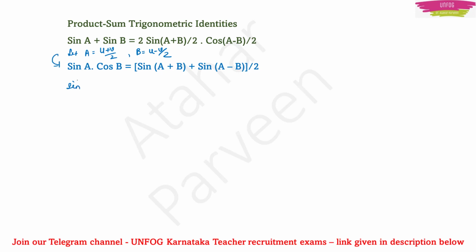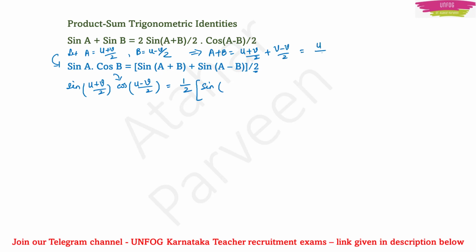So what will be your substitution? In place of A you write (U plus V) by 2, and in place of B you write (U minus V) by 2. This is equal to half into sin of A plus B. What will your A plus B become? A plus B will become (U plus V) by 2 plus (U minus V) by 2.